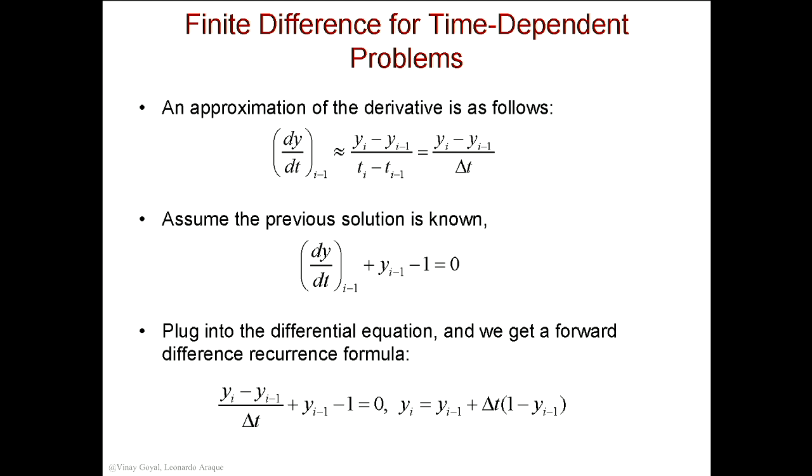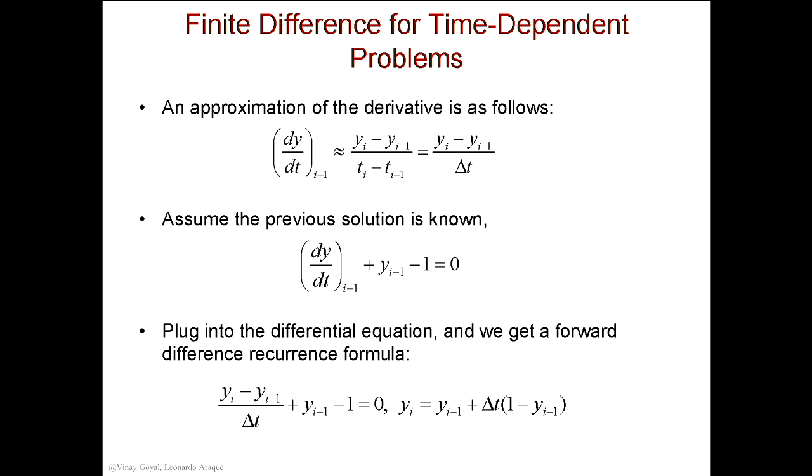So I'm going to substitute the value of dy/dt at i minus 1, the previous time step, and plug it in there. Now I have y at the current step minus y at the previous step, divided by delta t, plus y at the previous time step minus 1 equals 0. So this statement we can use to solve for the current value of y at this moment in time.